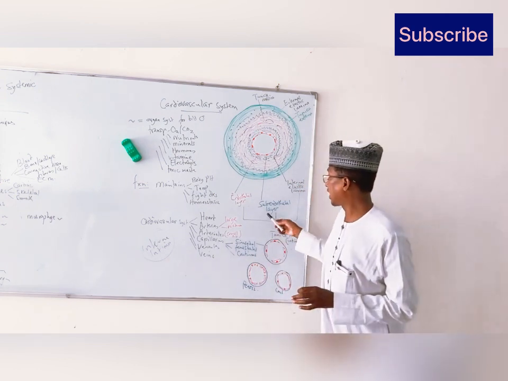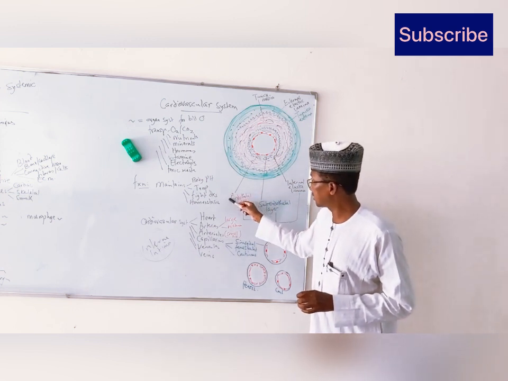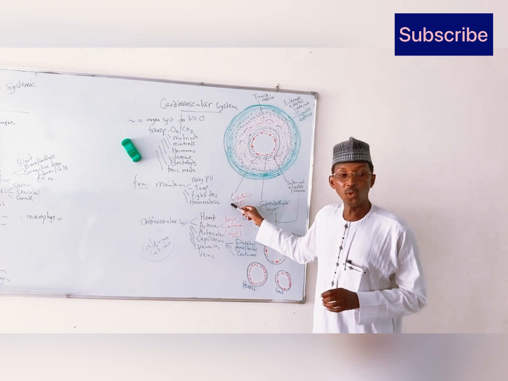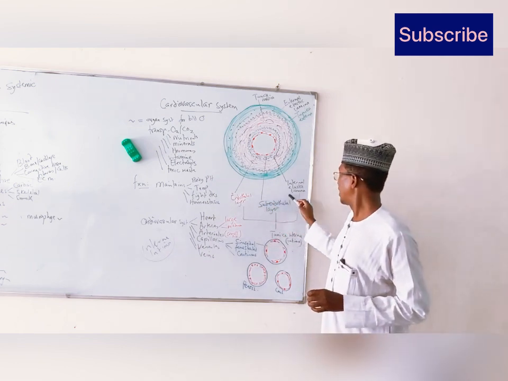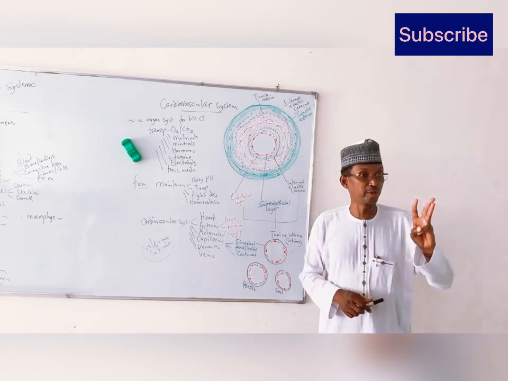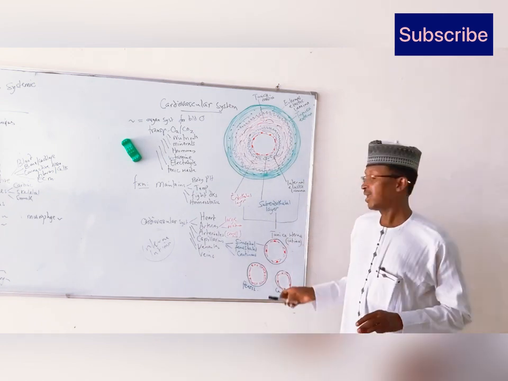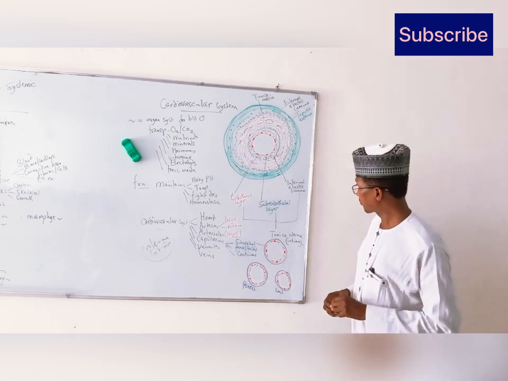So this tunica intima or interna is made up of this endothelial layer or endothelial cells, subendothelial layer, and internal elastic lamina. So the three components form this tunica interna. That's what we are going to see histologically.